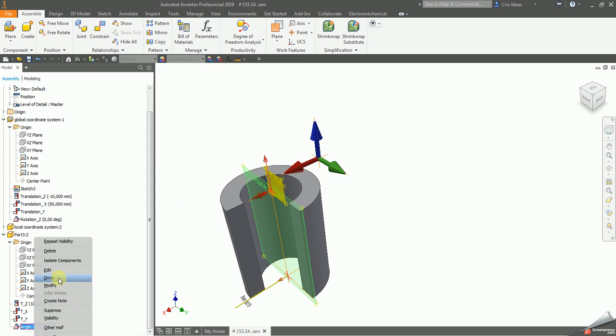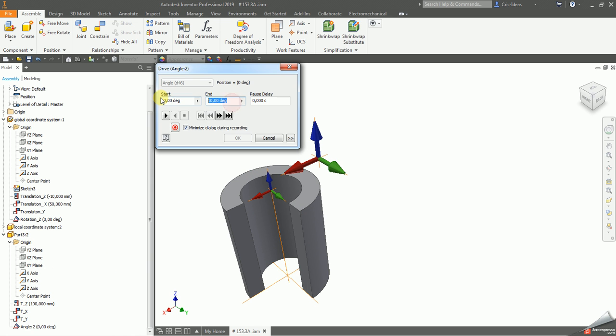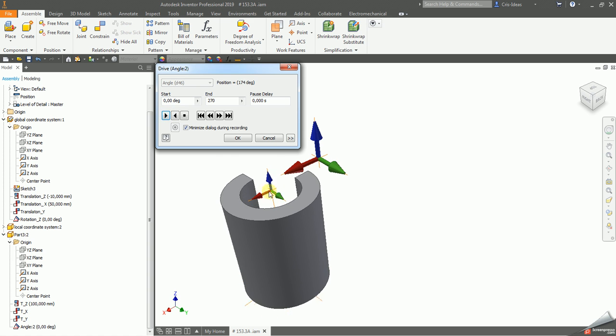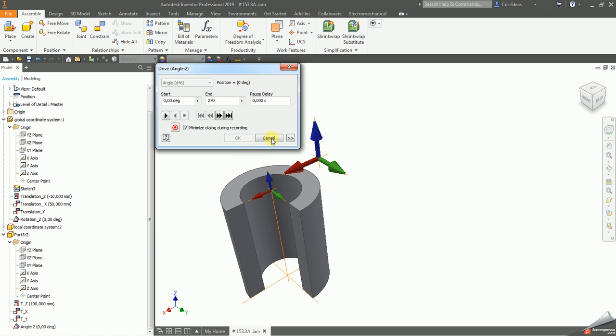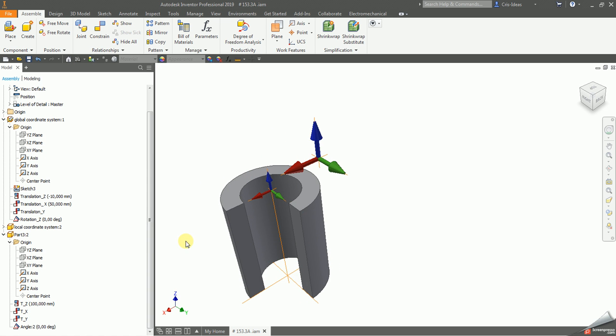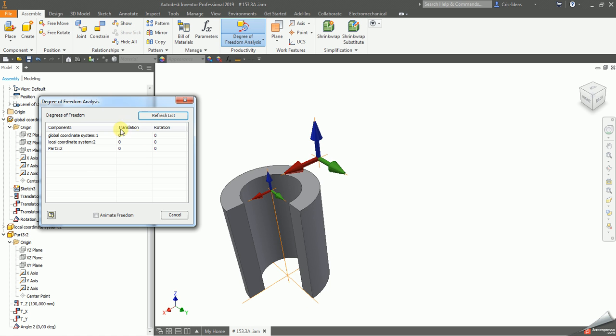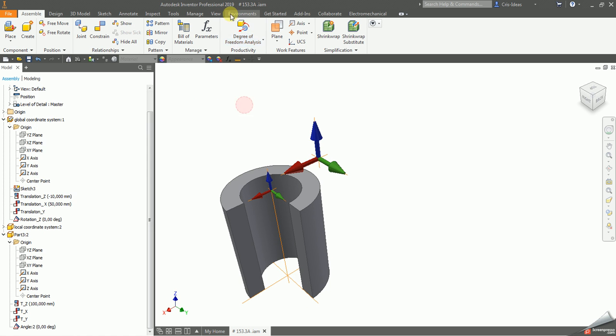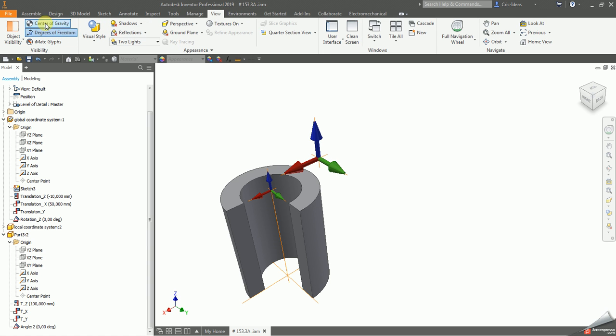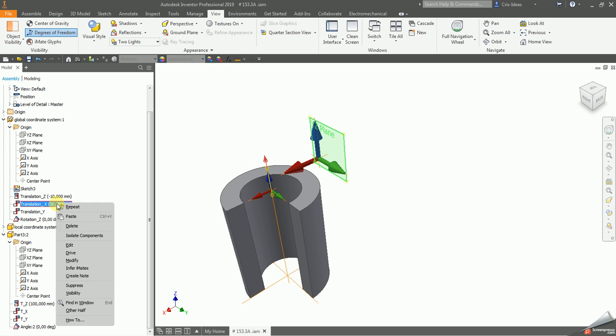If we drive that, let's see, 270, then this drives the part along this axis. So just a quick, straightforward assembly of the elements. Currently the degrees of freedom analysis shows 0 degrees of freedom, and if we show the degrees of freedom, there are none. I will now suppress the X translation.